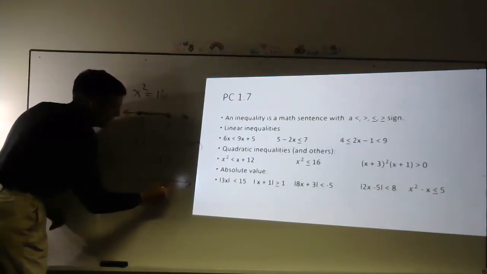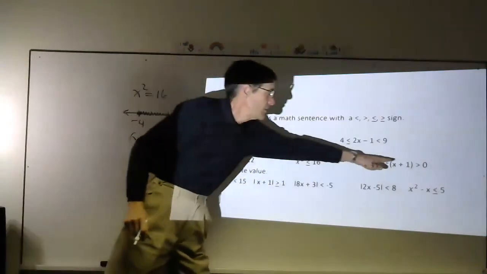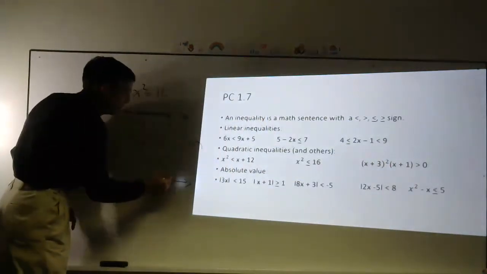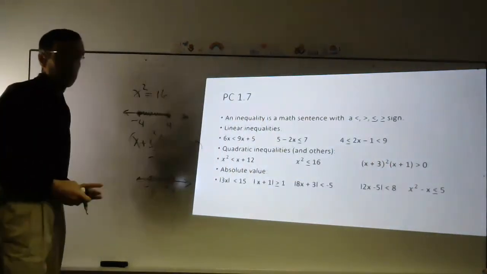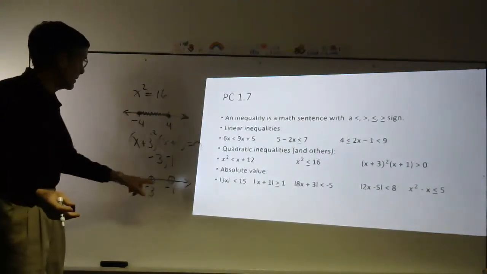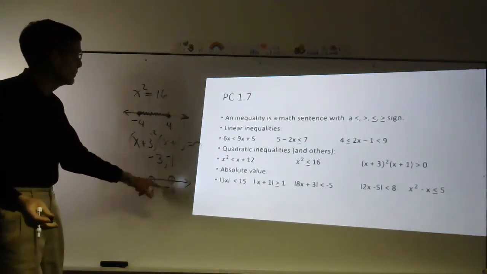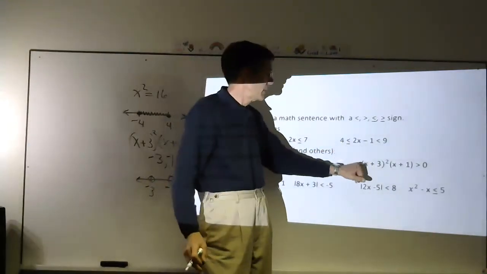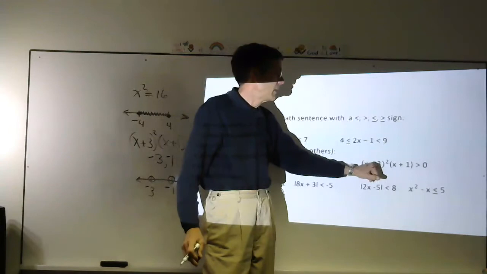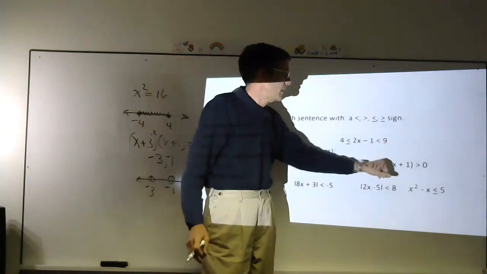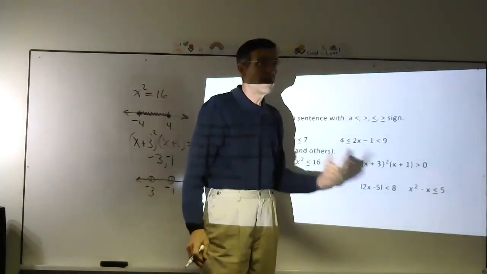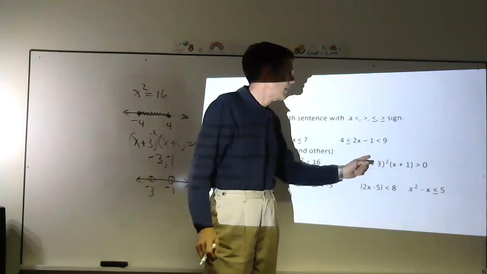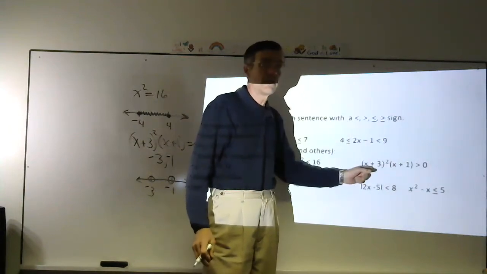Boundary points. Here's -1. Here's -3. Because it is strictly greater, I'll put open circles. Okay? Let's pick a point. How about -2 in the middle? Now you got to be careful here. -2 plus 3 is 1. 1 squared is 1. -2 plus 1 is -1 times 1 is a negative number.